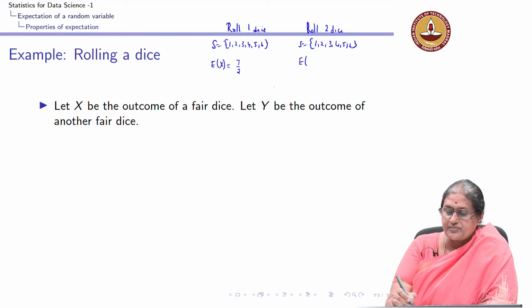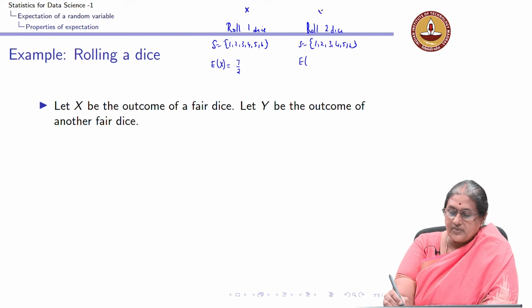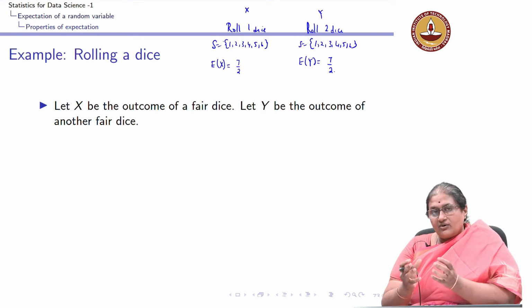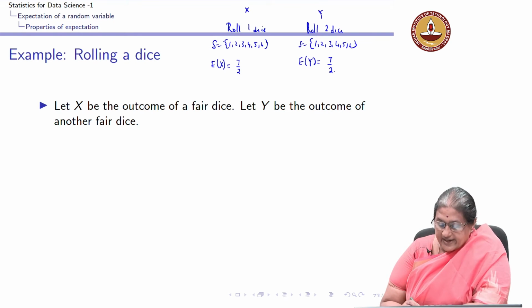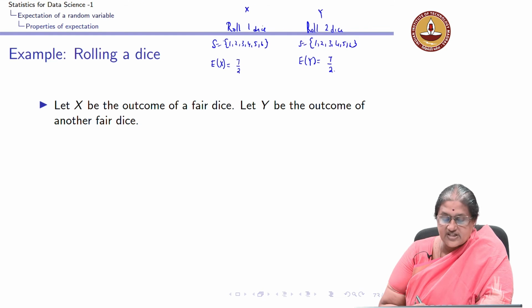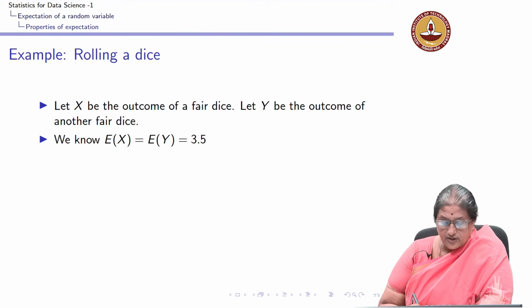Again, if y is representing the outcome in rolling the second dice, I also know the expectation of y is again 7 by 2. So, if x and y are outcomes of rolling dice separately, the expectation of x is equal to the expectation of y, which is equal to 7 by 2.